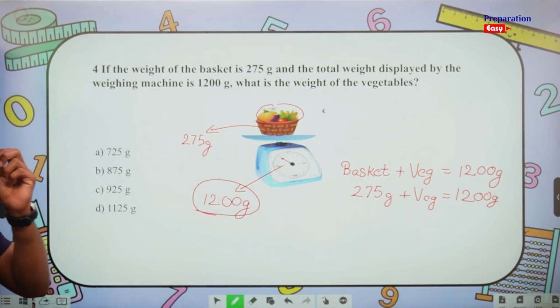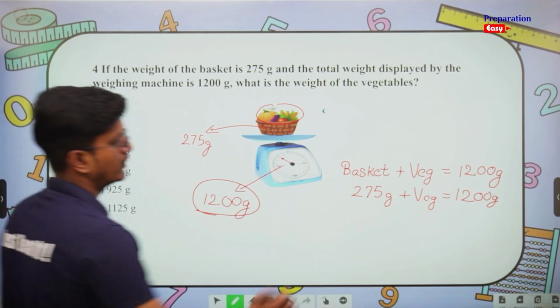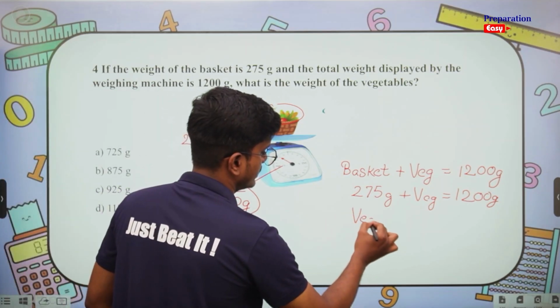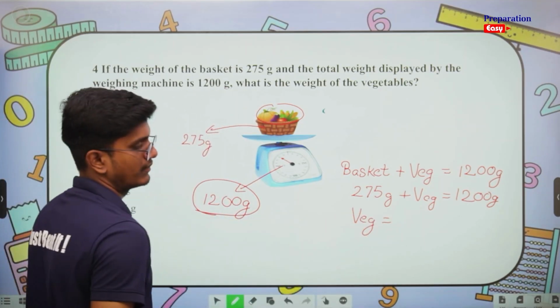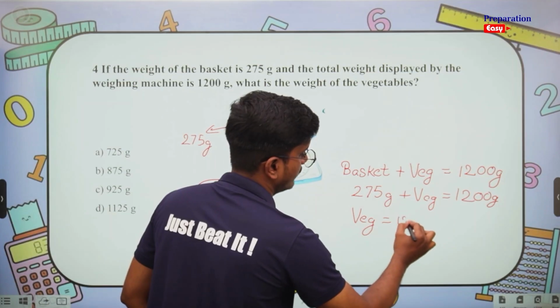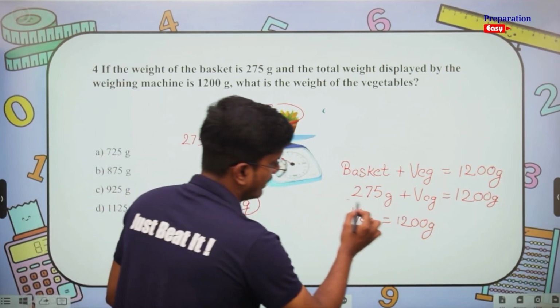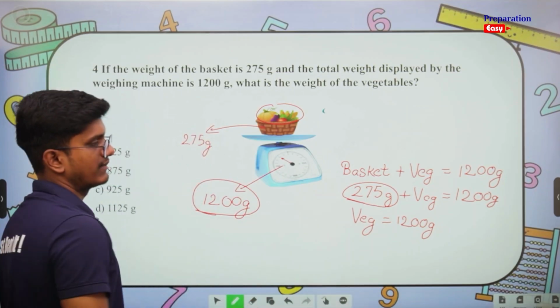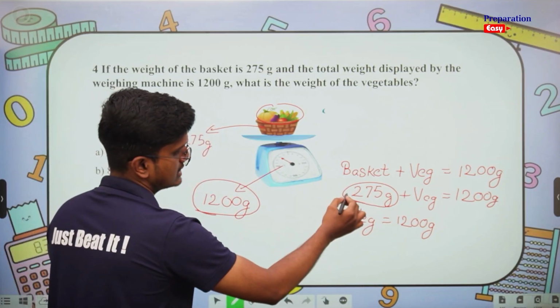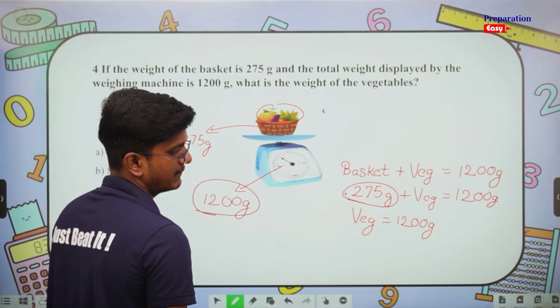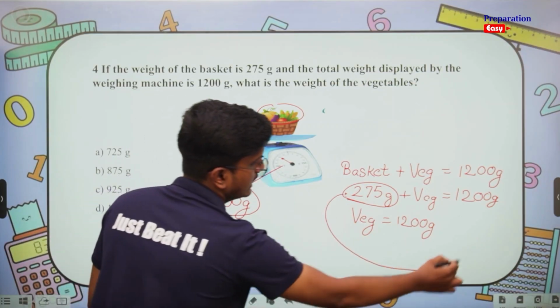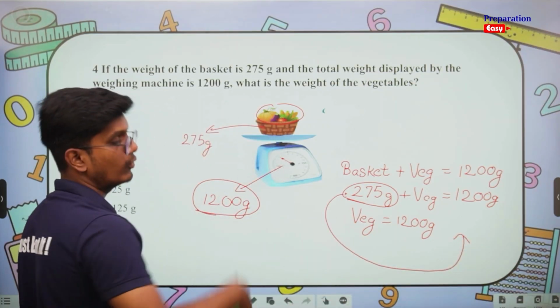So how we can calculate the weight of the vegetables? Write down this vegetable equals to, how much we have after equals? We have 1200 grams. And what we have, this basket's weight. Right now it's plus, there is no sign, it means there is a plus sign. So it will go this side. So this 275 will go that side.